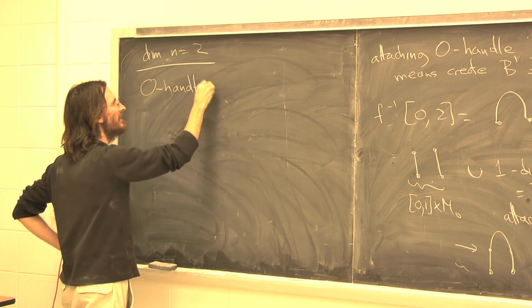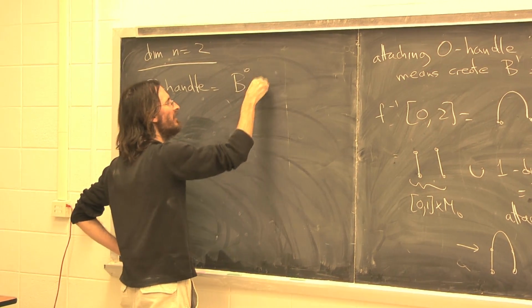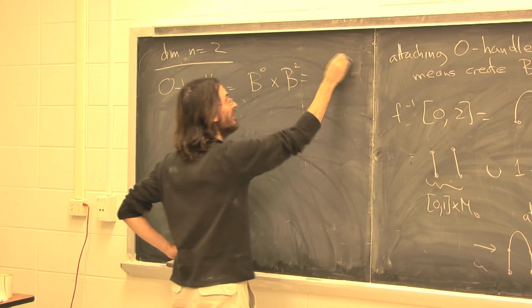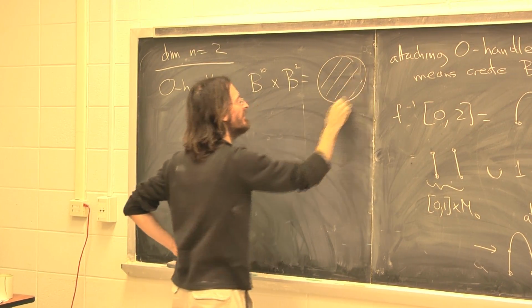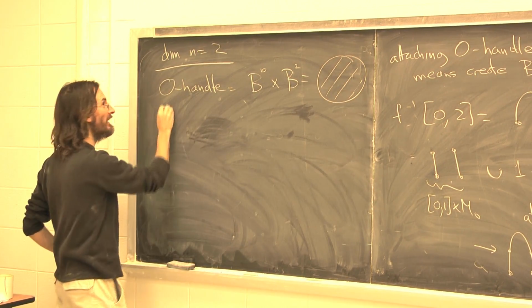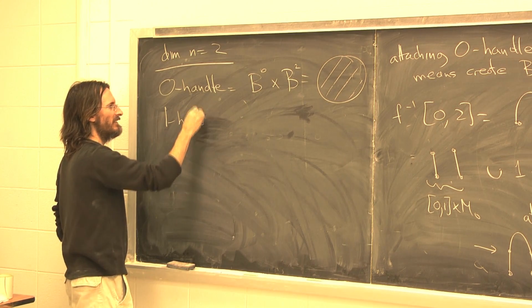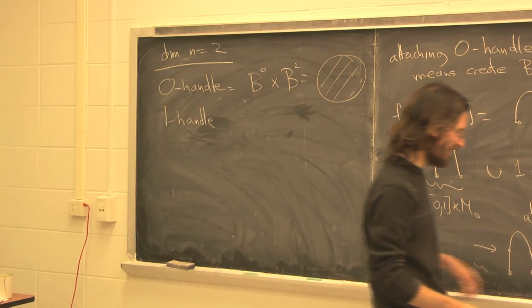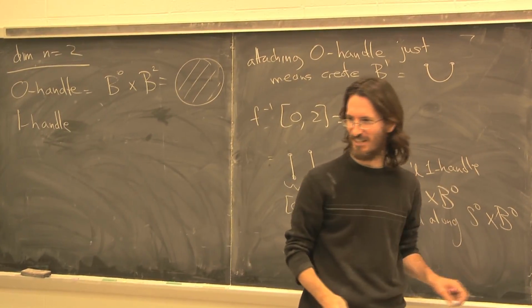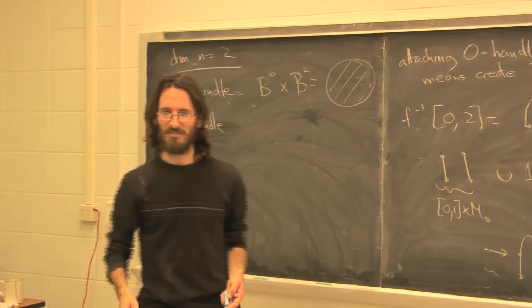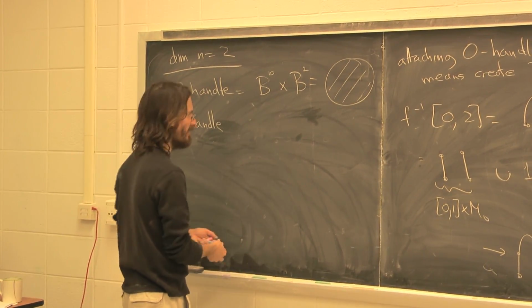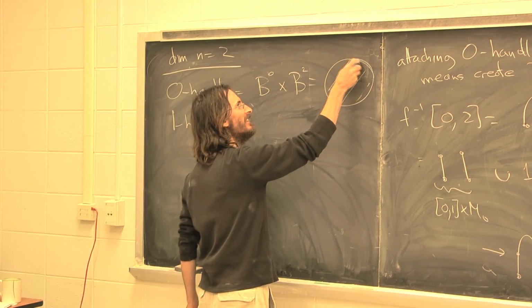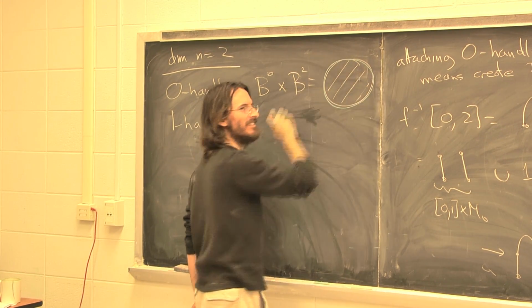A 0 handle is B0 cross B2, and then a 1 handle. Let's go back to our color coding, if I can remember. Red is supposed to be attaching, and blue is the free region. So the 0 handle has only free region.